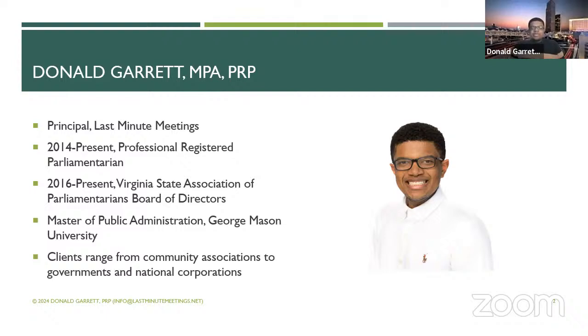Even outside of that, I've been on the Standing Rules Committee for the NAP convention for the past two conventions, where we either used electronic software or met completely virtually. Hopefully I'm going to use those experiences today to help educate you on how to use Zoom.